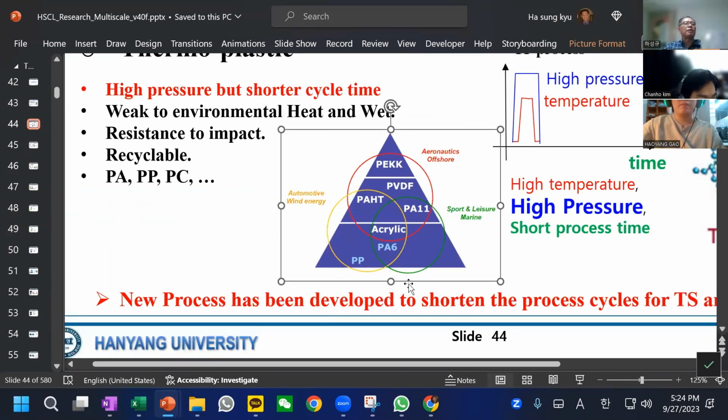Now this represents the thermoplastics. The bottom one is cheaper with lower properties, and the upper is more expensive with better performance: PP, PA6, acrylic, PA11, PAHT, PVDF, and PEEK, polyether ether ketone. These are widely used thermoplastics.